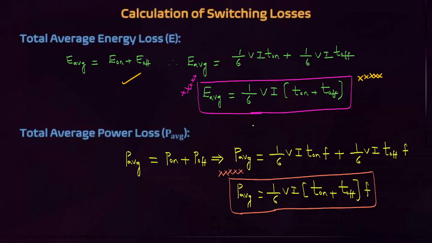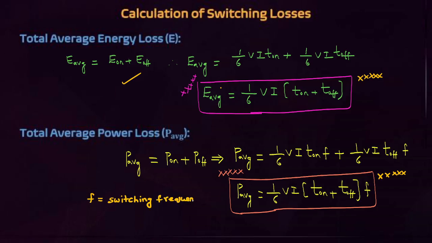This is the total average power loss: 1 by 6 Vi into T on plus T off into F. See what the difference is here between energy loss and power loss. In energy loss there is no frequency term, but in power loss there is a frequency term. What is F here? This F is the switching frequency. That you have to concentrate on.